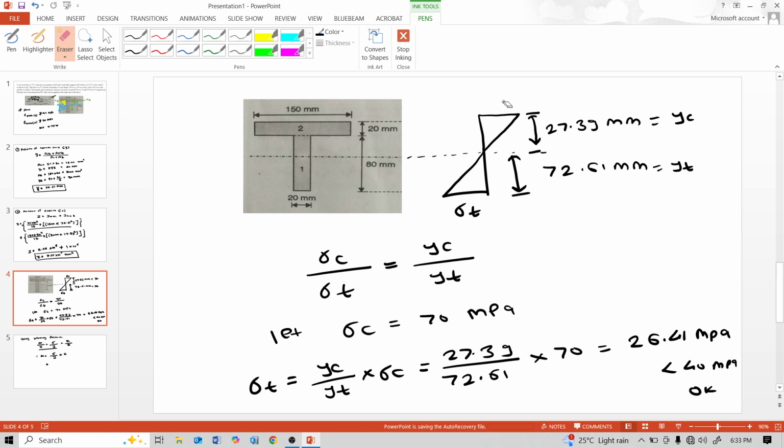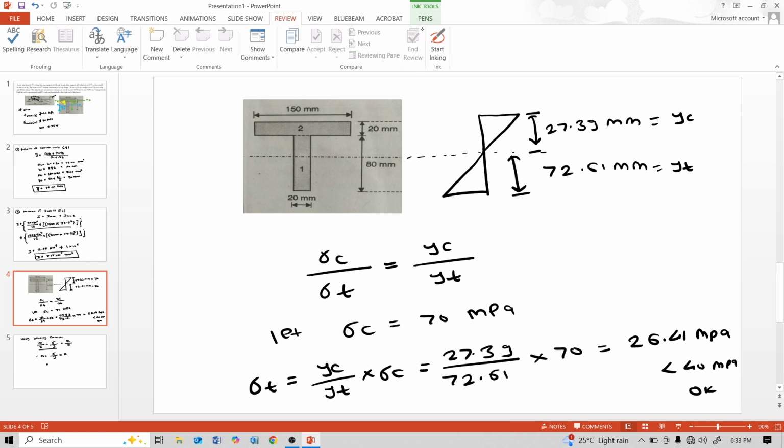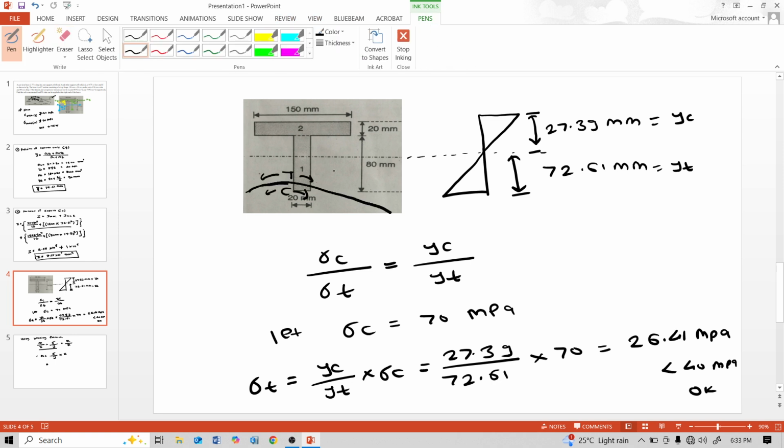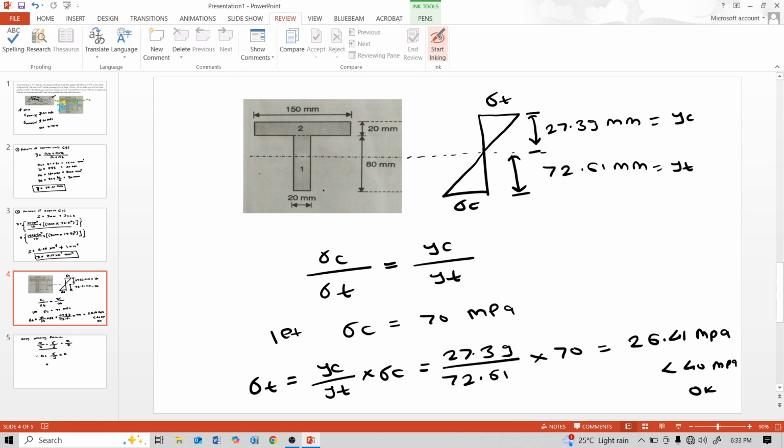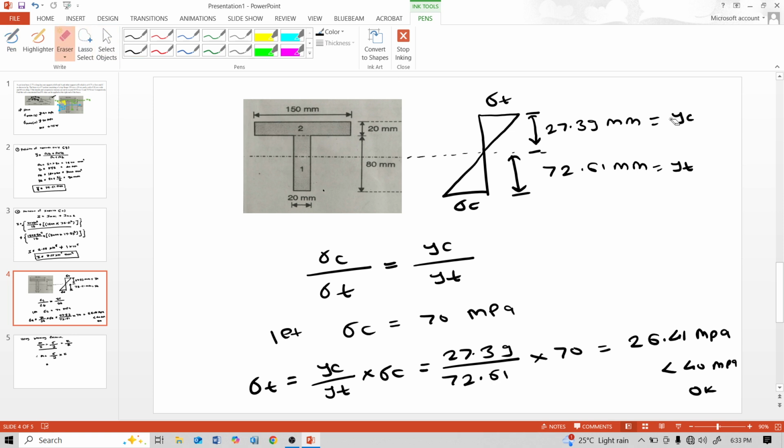Our numerical is correct, our solving methodology is also correct, but in the last step, correct this sigma T and sigma C. Here also YT and YC.